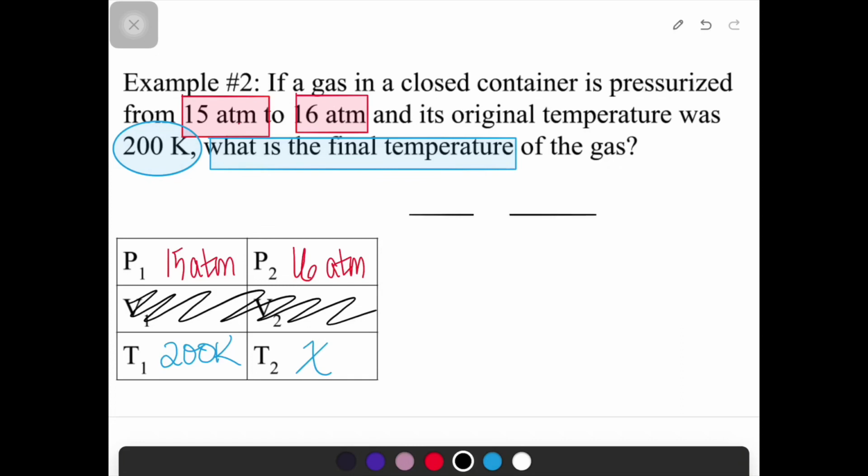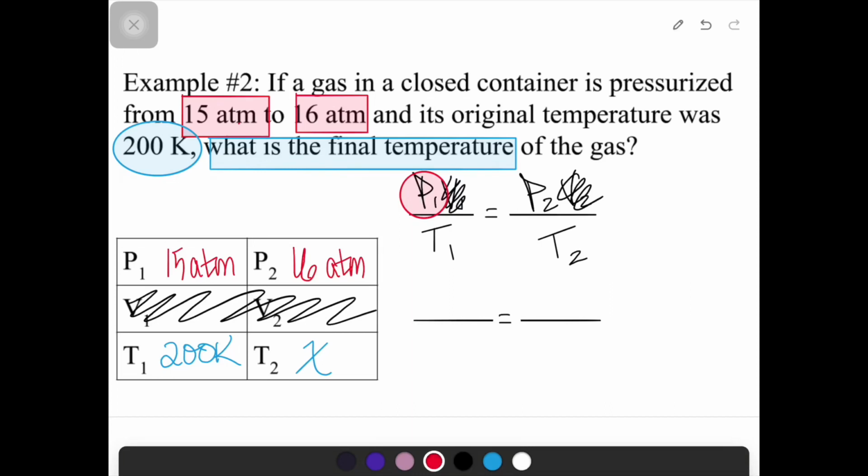All right. And we'll do our combined gas law equation again. P1, V1, T1, P2, V2, T2. All right, and what did we say we don't care about? Volume. All right, get that out of there. Okay, so P1 is 15 atmospheres.